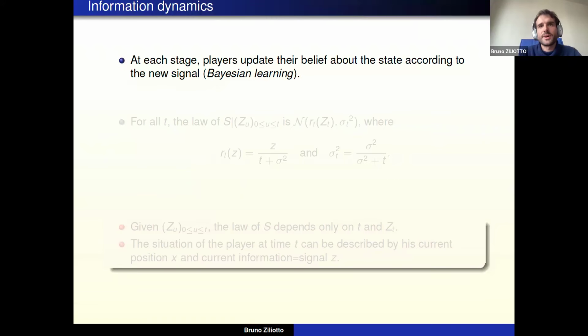So something that is crucial, and that justifies the title of the talk, Bayesian learning in mean field games, is that the relevant variable, in terms of information, is the belief of players about the state.